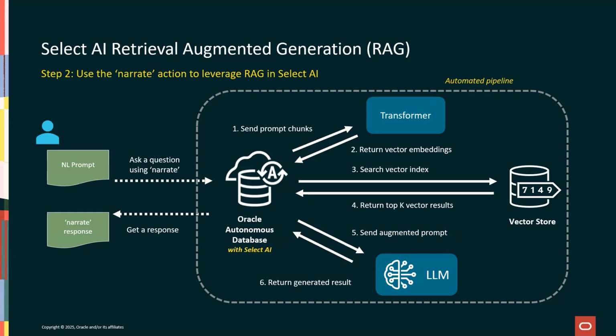It then sends the augmented prompt to the LLM, which returns the generated result. You can use your own AI provider or ONNX runtime for your transformer. And afterwards, the user gets a response.